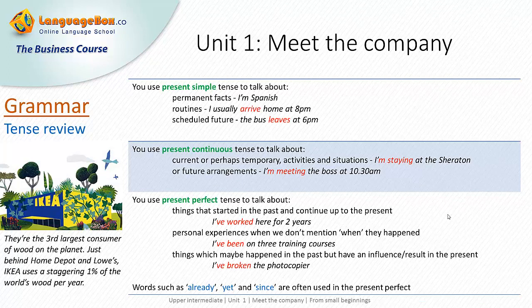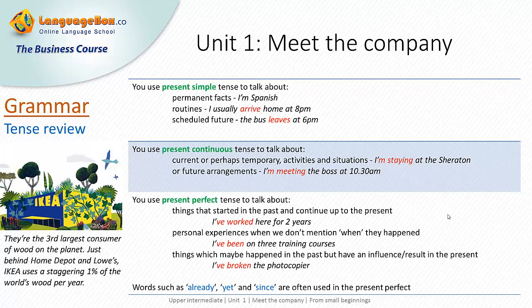Now, the second use for present perfect tense is to talk about experiences. And this is the key point here, especially when we don't mention when they happened. So for example, I've been on 3 training courses. We don't say when. Now, if you want to say when they happened, then we need to use a different tense.